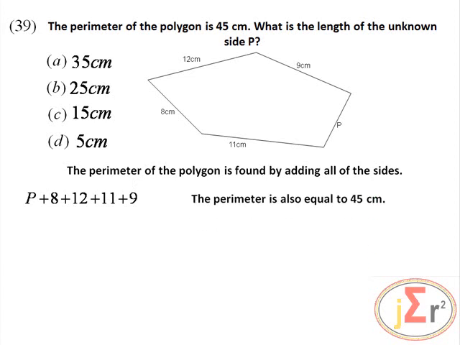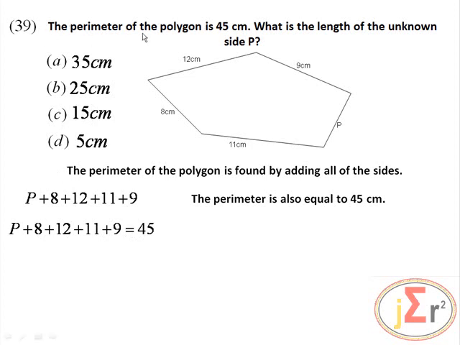So the perimeter is also equal to 45 centimeters. So notice that what we have is P plus all of this is equal to 45 because the perimeter is 45. How do I know that, Jerry? How I know that the perimeter is 45? Good. It is right there in the question.